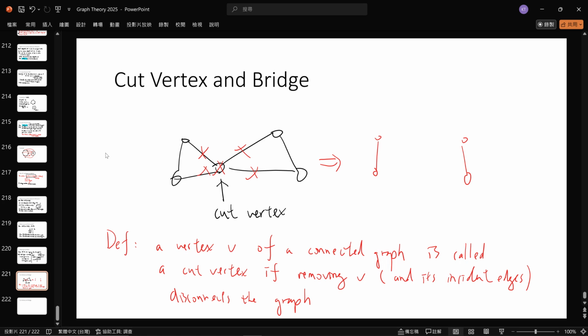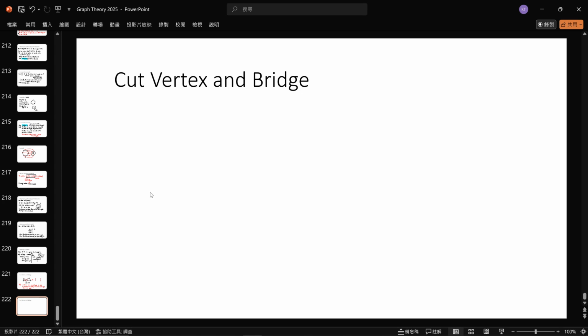If you remove an edge and the graph becomes disconnected, then the edge that you removed is called a bridge. When we remove an edge, we only remove the edge itself. We do not remove its endpoints.